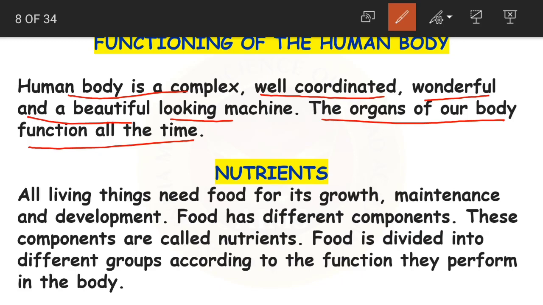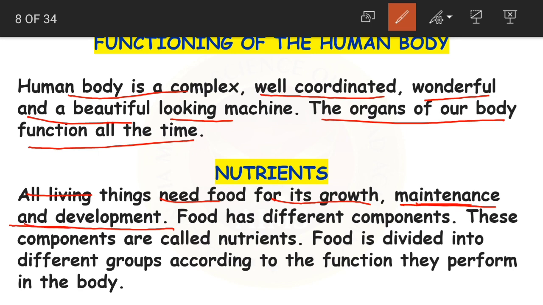Okay, so what we need first is the nutrients. All living things need food for growth, maintenance and development. To maintain the body and to develop the body, you need food.